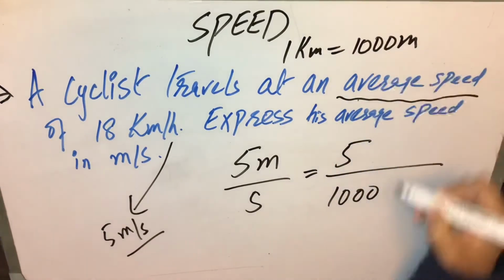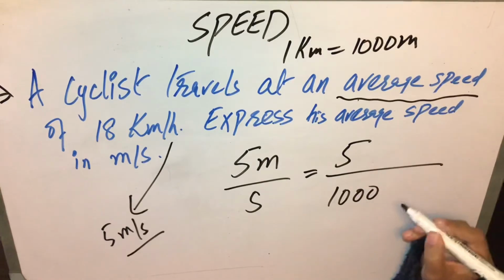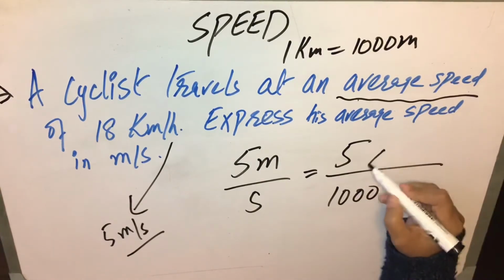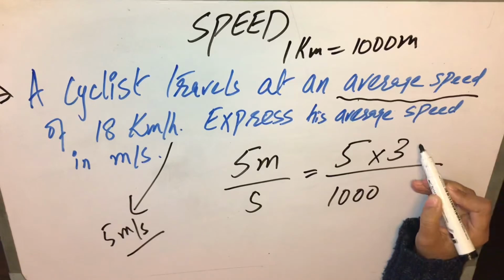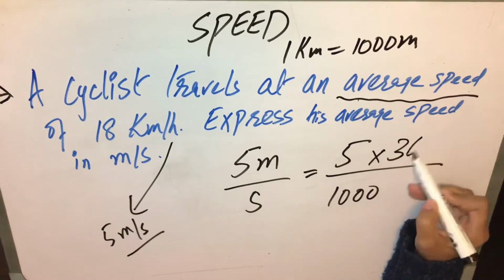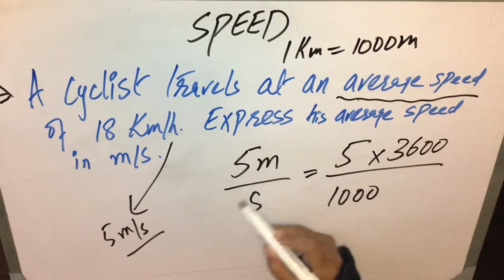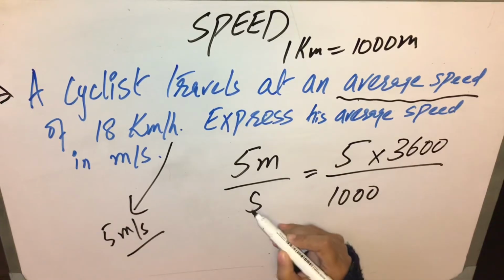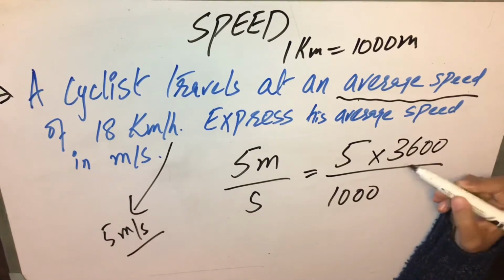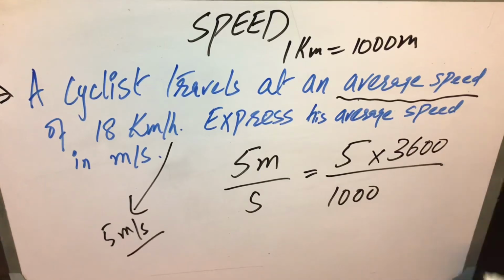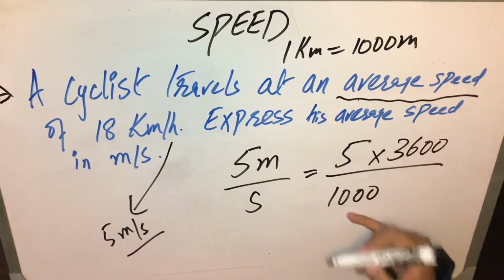And in 1 hour there are 3600 seconds. So when we are going to hours, we have to divide these seconds, as it is in the denominator. Now we shall multiply 3600 in the numerator. So we have changed the places of 1000 and 3600.